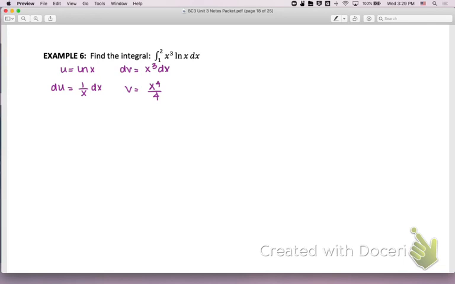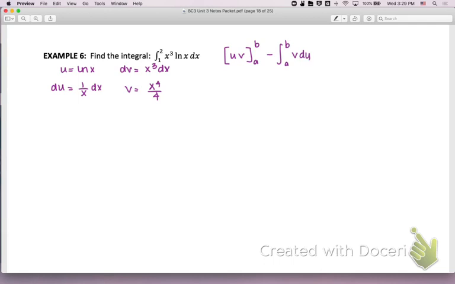So now we want to set this up. It's going to be the same thing. It's going to be u times v, but remember that u times v came out of this definite integral from 1 to 2. We're going to do u times v, and that has to be evaluated from a to b, and now this is minus the integral from a to b of v du.